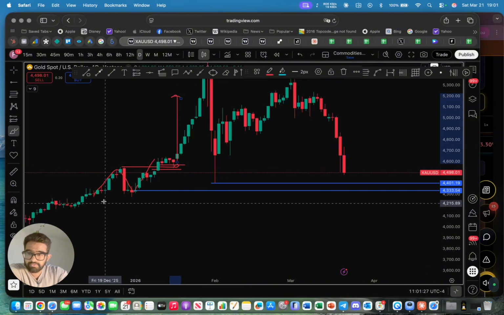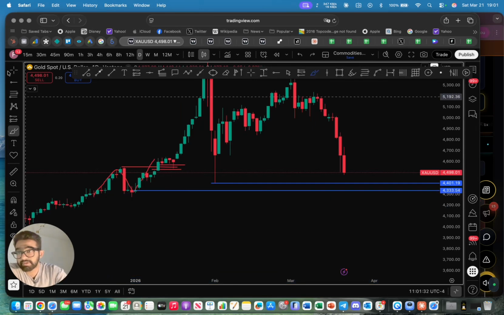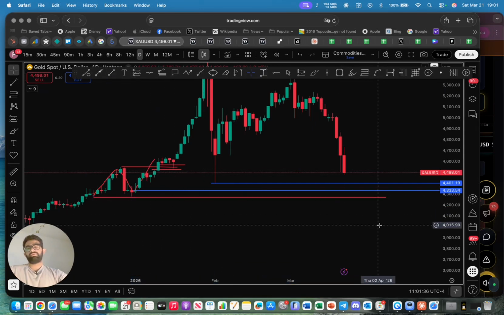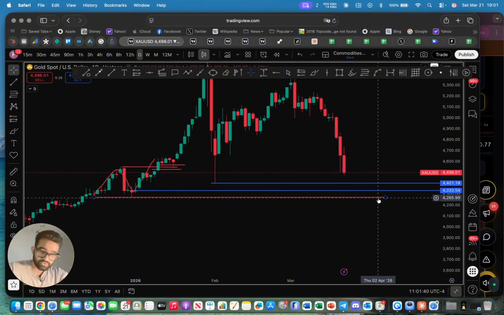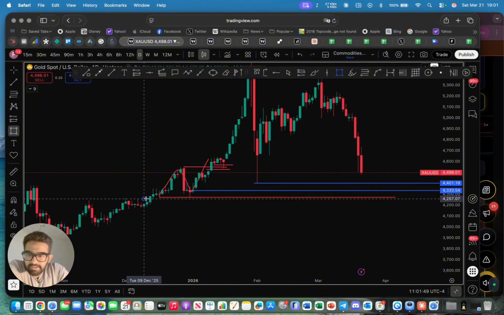So this low, let me just draw it properly. This low right here, oof, liquidity. So price is going to be trading down here at least 4,265. That is where price is going to go, and then we can seek POIs where we will expect price to make a move from here.